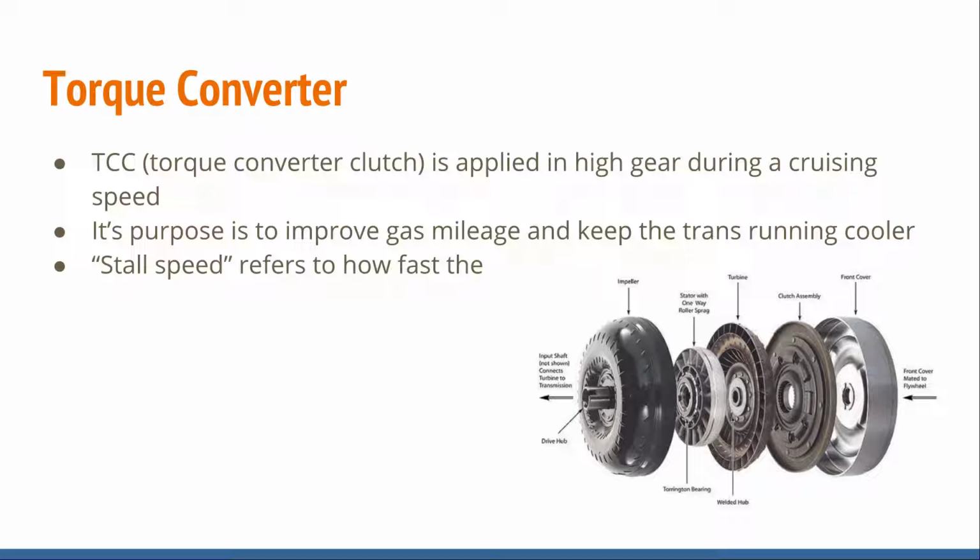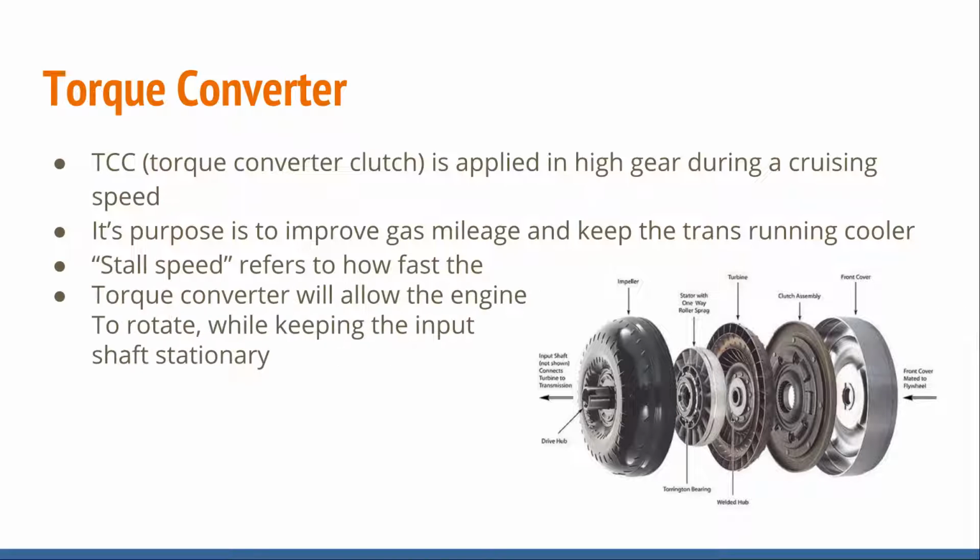Everybody thinks they want a high stall converter in the vehicle they drive day to day, and I always try to talk people out of it, because it is so annoying when you have a high stall converter for a vehicle you're just driving around on the road. It creates a lot of heat that's not necessary, and it's actually pretty annoying to drive that way.